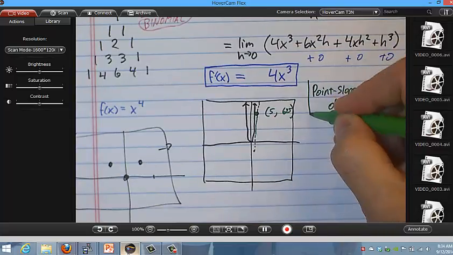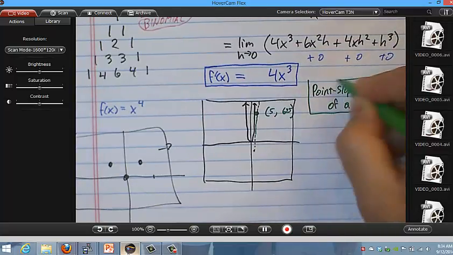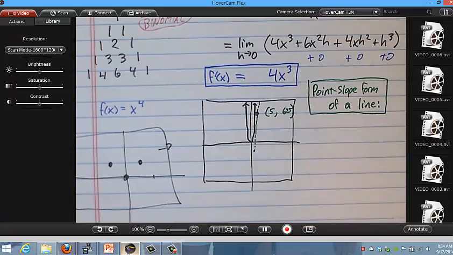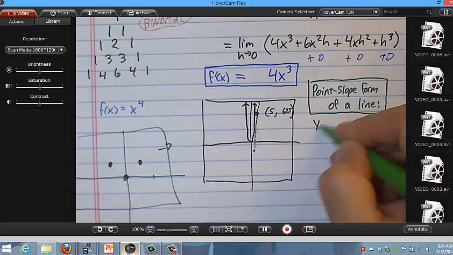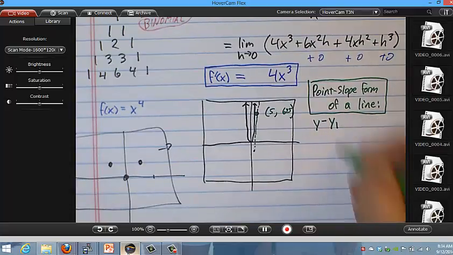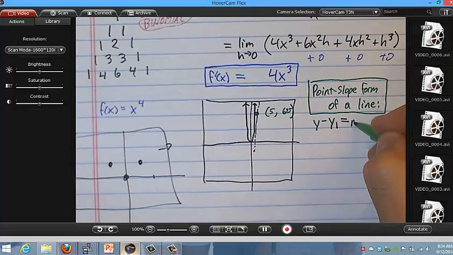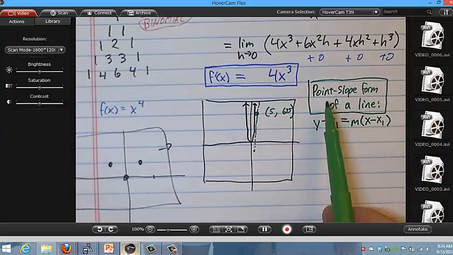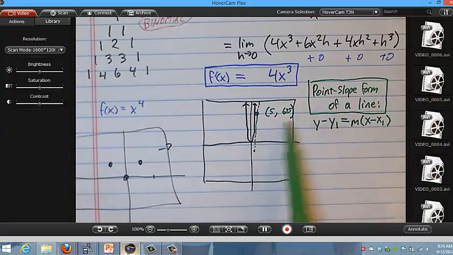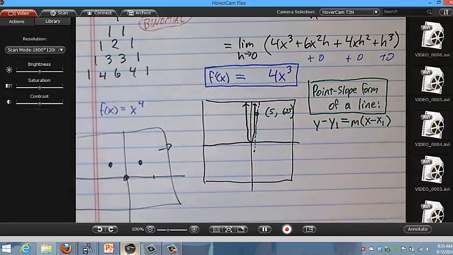Everyone knows y equals mx plus b, slope-intercept form, but you can also get a line like this: y minus y1 equals m times... And this is useful if you know a point, which we do, and if you know the slope, which we're about to get.